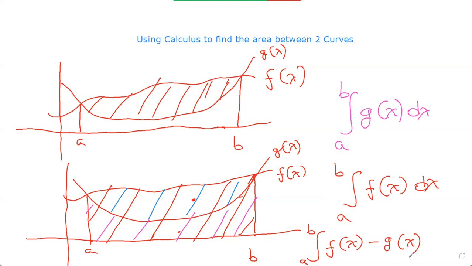So now let's look at another example so that it's clear. But this time, let's look at it with respect to the y-axis. So we have a graph. This is g of y, with respect to the y-axis.